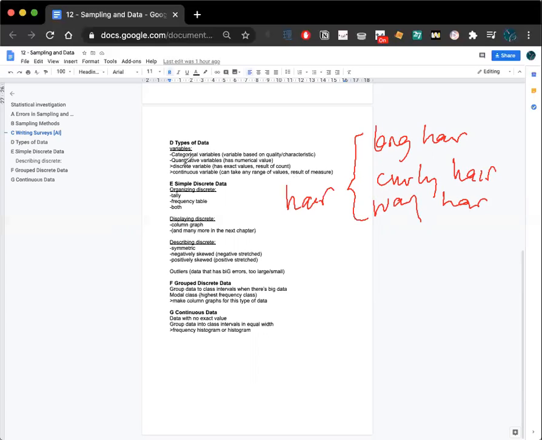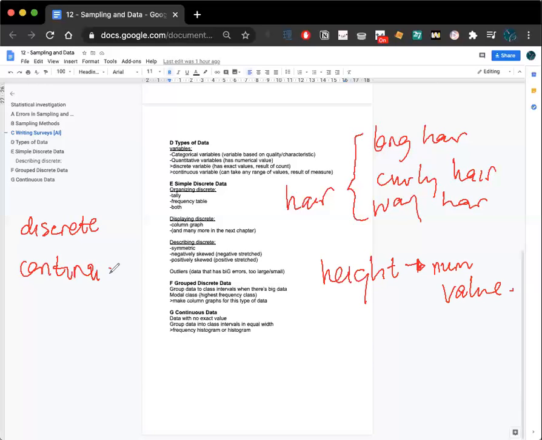And then there's also quantitative variables. So quantitative variables are the variables which have numerical value. For example, if we have something like your height, this has a numerical value. And so quantitative variables can be divided into two kinds. We can divide it into discrete variables, and we can also divide it into continuous variables.